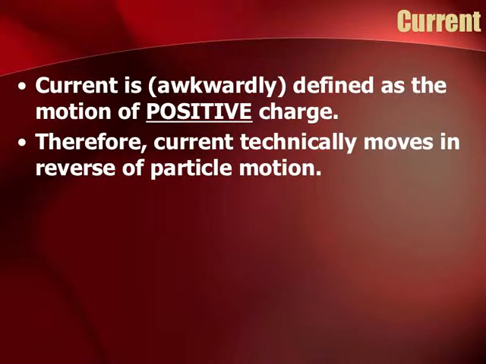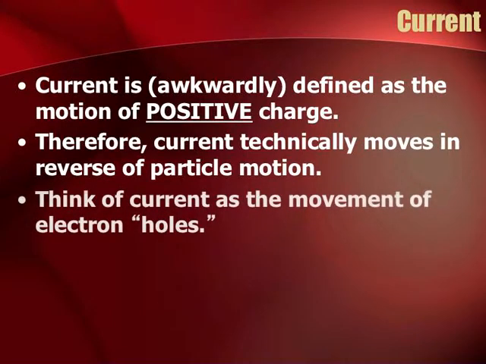So I think of current not as the movement of electrons, but as the movement of electron holes. When an electron moves forward, it leaves a void, and that void should be positively charged. If an electron leaves, it leaves a positive charge.